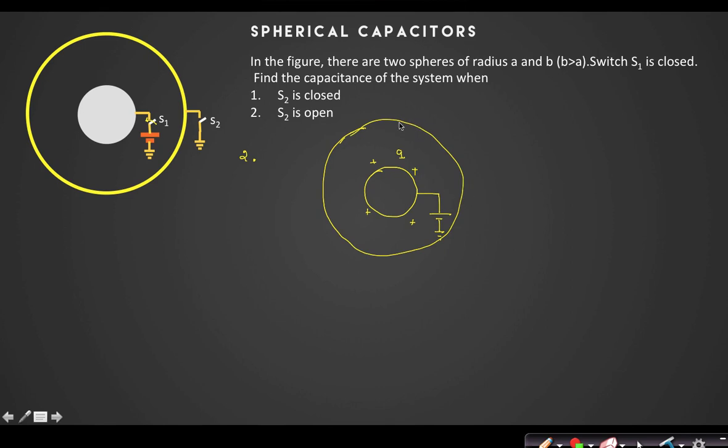So what is the total charge on the outer sphere? 0. Yes. Right? So what is the potential V of the sphere now? Can I say V is equal to only KQ by A? Yes or no? So what is the equivalent capacitance? It is only 4 pi epsilon naught A. That is the answer to this question.